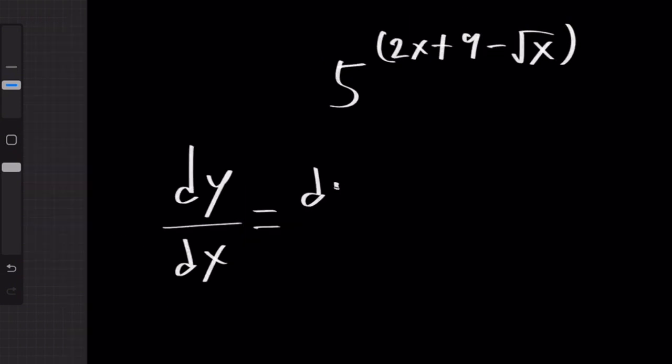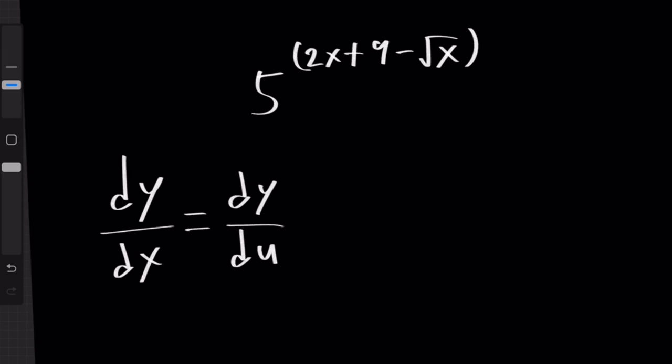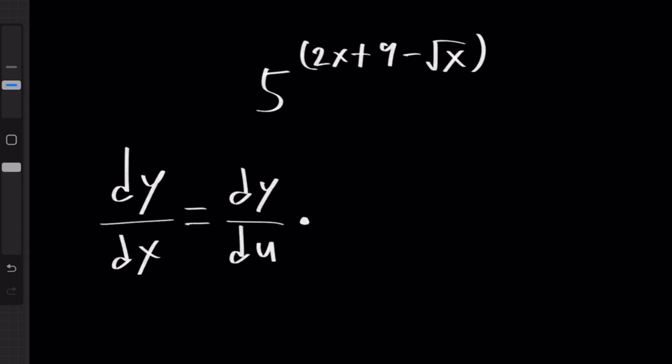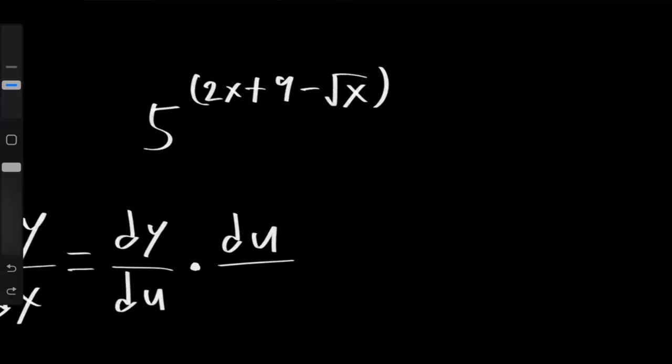The chain rule says that we can substitute x with a variable u, and we can multiply and do that. So we can substitute not just x, but something like this whole thing. We can substitute something like this for u, and then we can find the derivative of u as well.